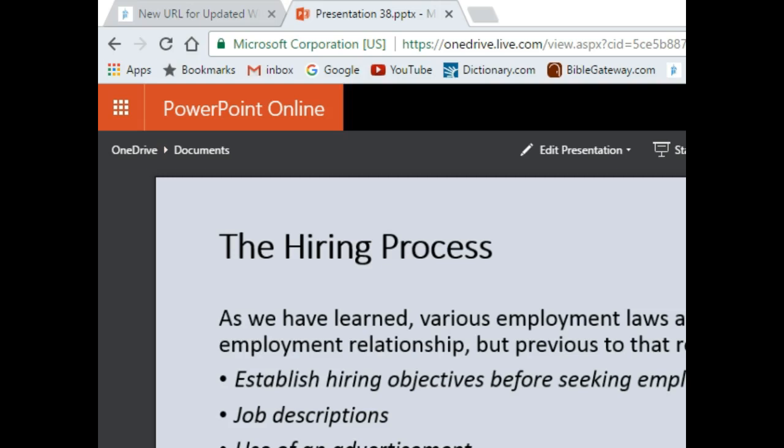A detailed job description might set forth the essential functions of the job that, of course, may relate to matters involving the Americans with Disabilities Act. Use of advertisements has to be very thoughtfully considered. In one of your discussion point questions this week, there was a topic involving an advertisement.